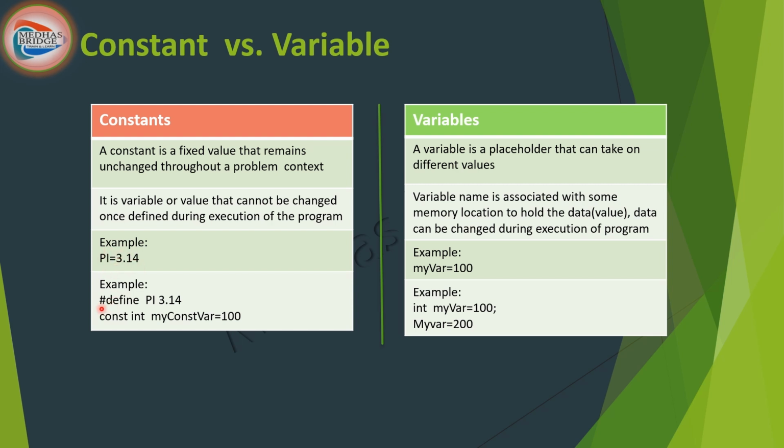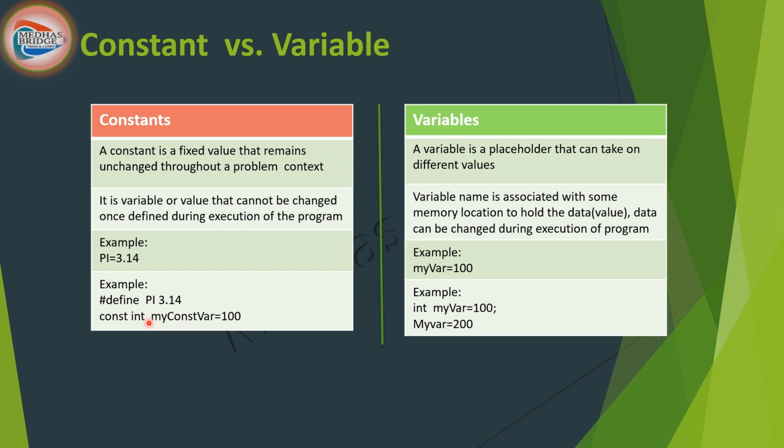One way is as a definition. The other way is you have a variable that you declare, but with the keyword const. It is also nothing but a constant, a declaration versus a definition. So #define and const variables are the two ways that we can define constants in the C programming language.